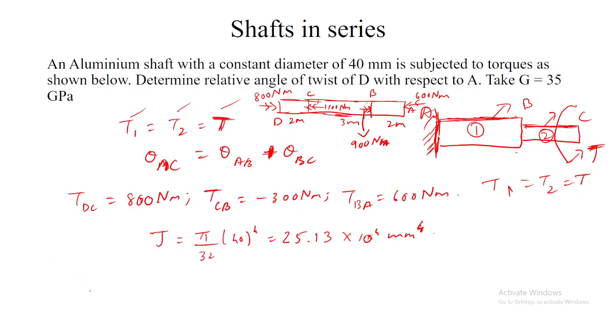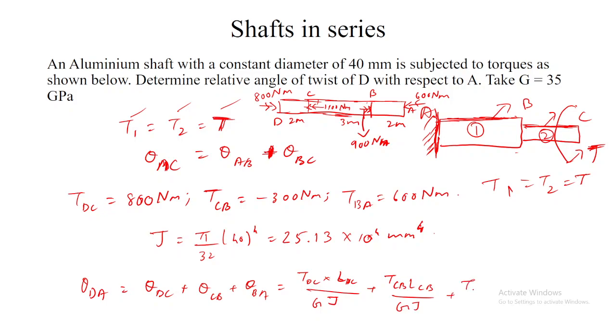After this, we have to calculate theta DA. Theta DA is nothing but theta DC plus theta CB plus theta BA. How are we going to calculate theta DC? It should be TDC into LDC divided by GJ. G is common and J is also common. Similarly, it is TCB into LCB divided by GJ plus TBA into LBA divided by GJ.